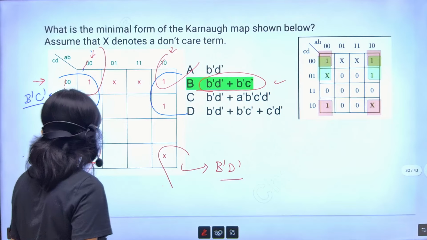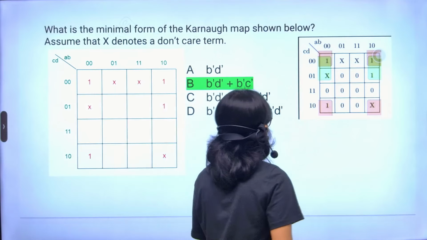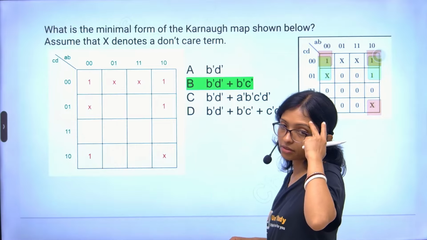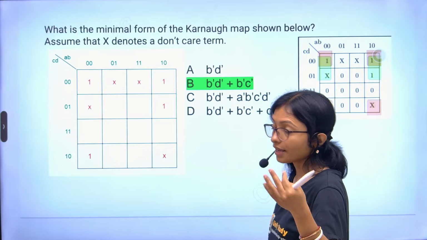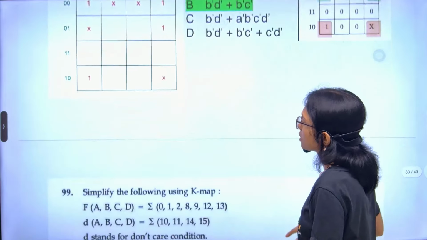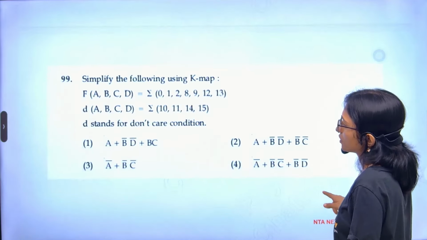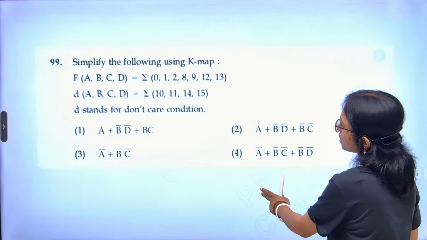So your observation power is most important, and thought process. Think again. Is any other way possible? That is most important. Now can you tell me the answer for this one?